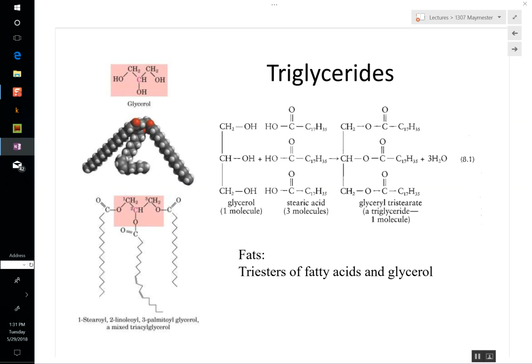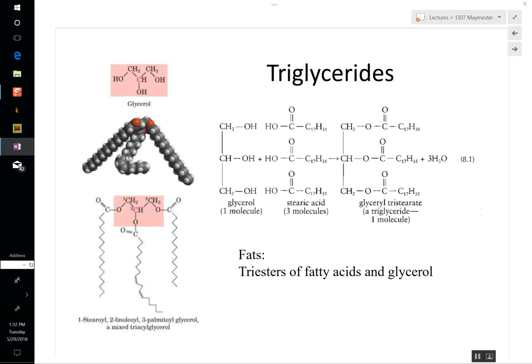You strip out this water, you form an ester, and your 3 fatty acids coming off of there. All right, so the triglyceride has only 2 components, glycerol and fatty acid. Just happens to have 3 of them.